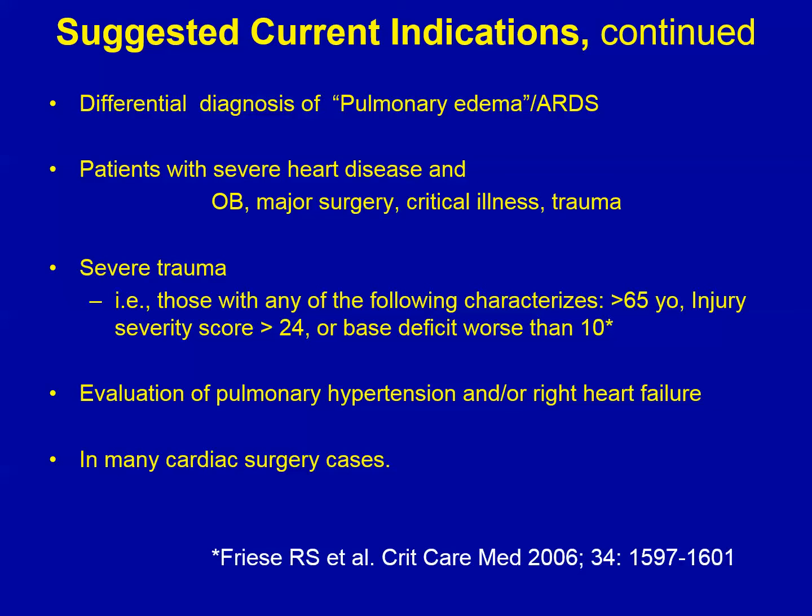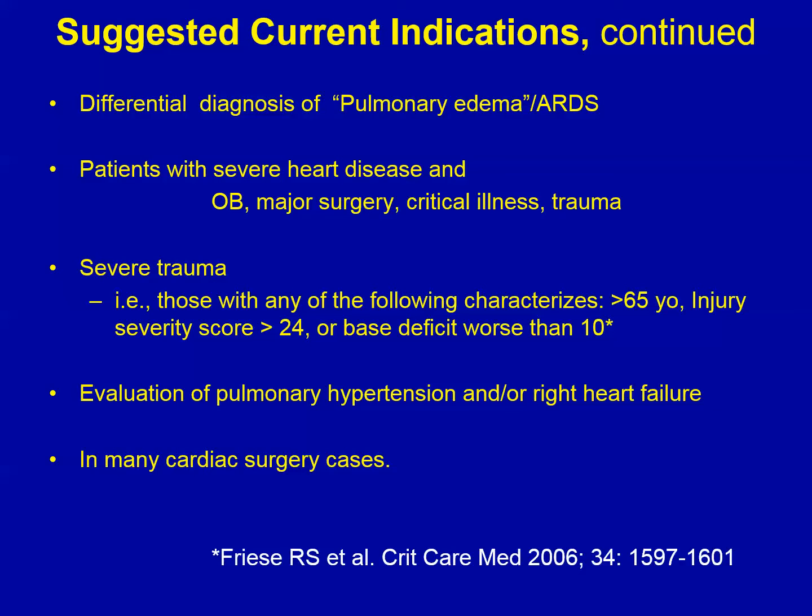It should be used in the differential diagnosis of pulmonary edema or ARDS. It should be used in patients with severe heart disease who have obstetrical, major surgery, critical illness, or trauma. It should be considered in severe trauma patients, in patients with the following characteristics.